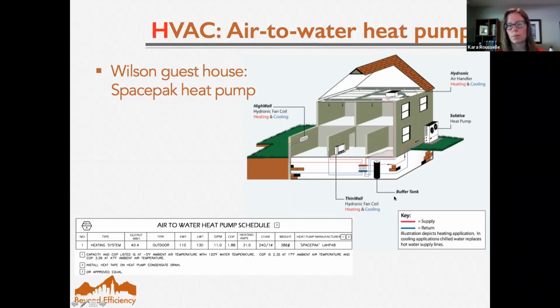Controls are really crucial, making sure you get the controls right, so you are using the heat pump to its full capacity before that electric element comes on. On a larger home, you're not going to be able to do that with electric elements in the buffer tank, so you will have to have a backup boiler.